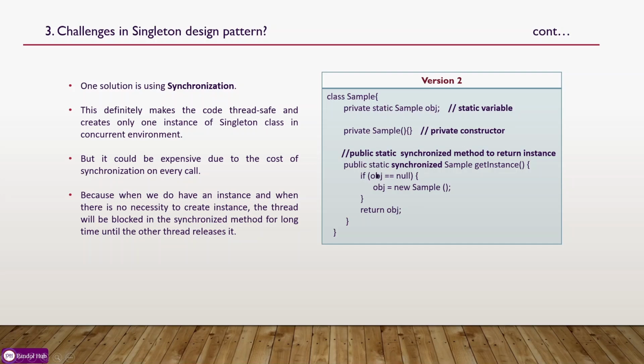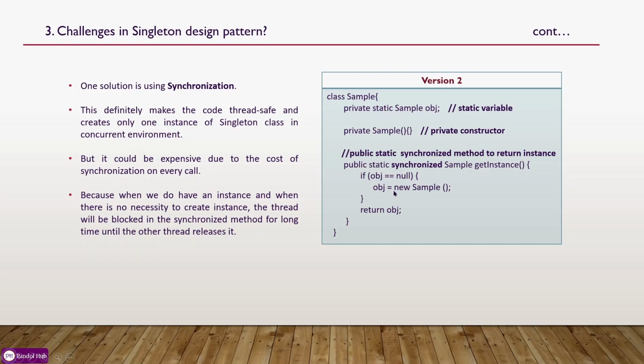So for the first time, the if block becomes true and an object is instantiated. But for the subsequent calls, we already have an object instantiated and it is going to blindly return the object. So for the first thread, when it acquires the lock, it's going to create the object.